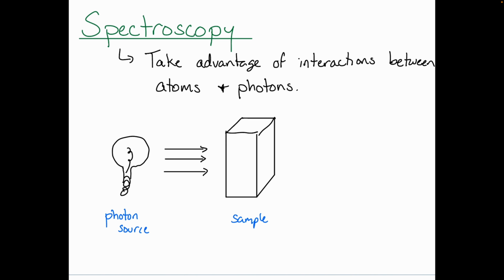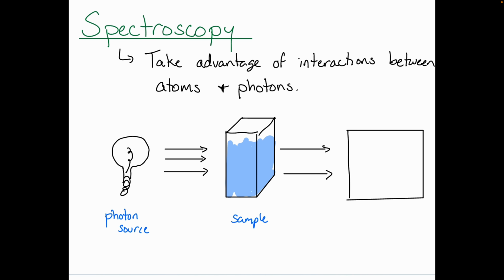All right, so here's my sample. My photon source is sending in those photons, but what happens is some of those photons get absorbed by my sample. So not everything that we send in comes back out the other side, and then we have some sort of a detector that's going to measure what comes out.